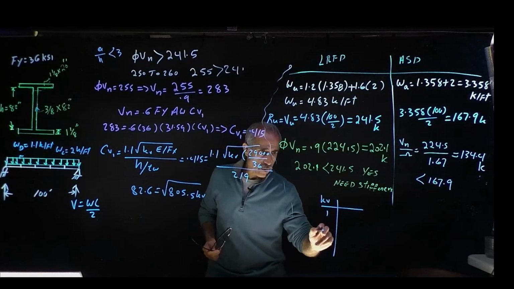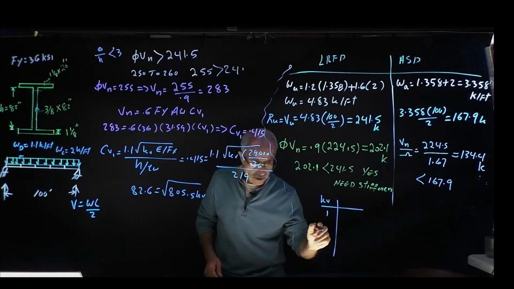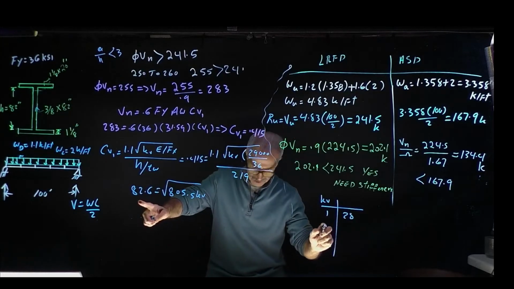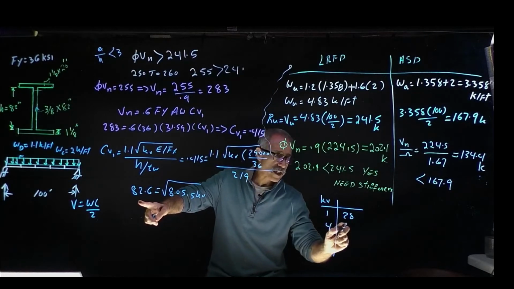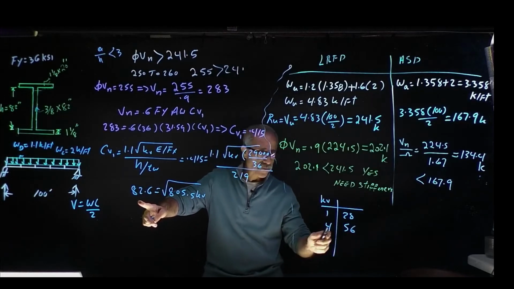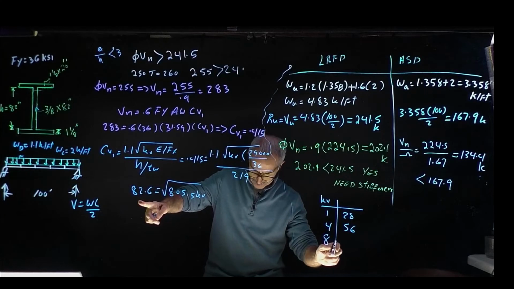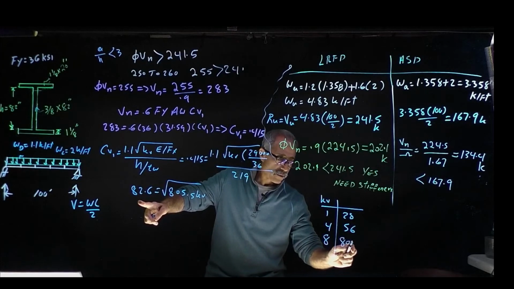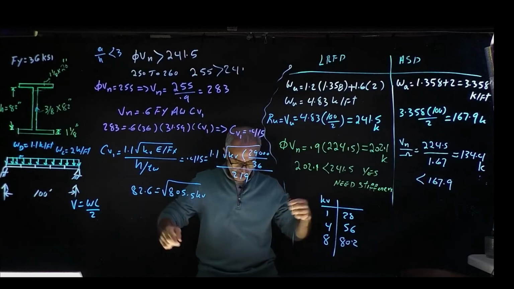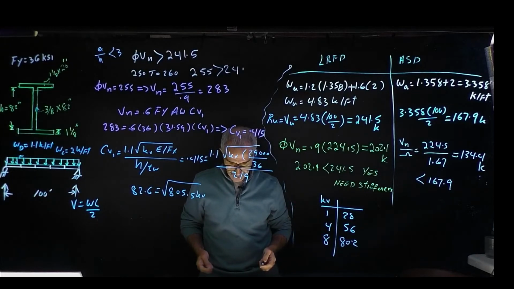So I'm going to start from 1, and then 1 is going to give me 28. That's not even close. And then I'm going to go to 4. 4 is going to give me 56. That's not close. You can use the Excel sheet, pick them up in 2 seconds. I'm going to go for 8. 8 is going to give me 80.2. That's pretty close. And then what if I use like 8.4?